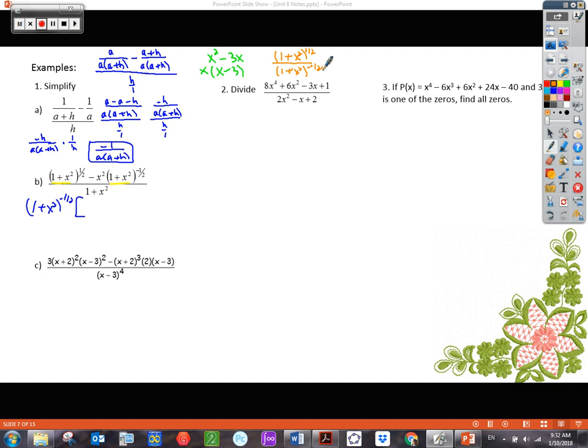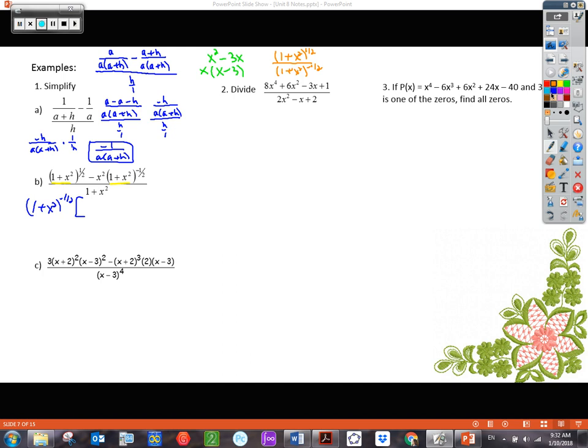We need to remember our exponent rules. I know we know and love those, right? They never go away. So when I am dividing common bases, what do I do to the exponents? I subtract them, right? So I would have 1/2 minus a negative 1/2. 1/2 minus a negative 1/2 is 1.